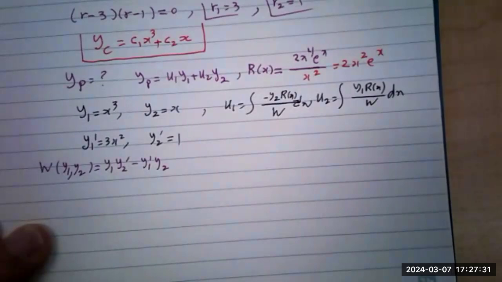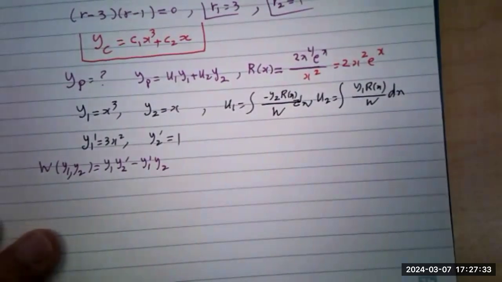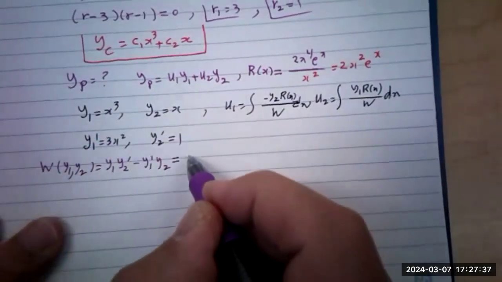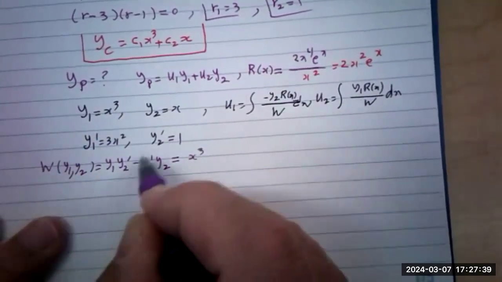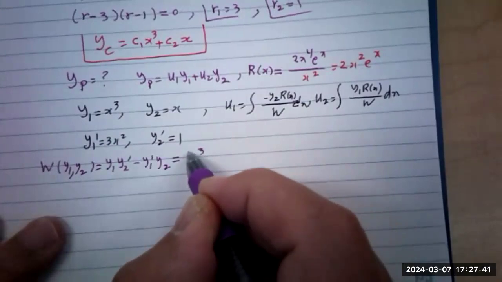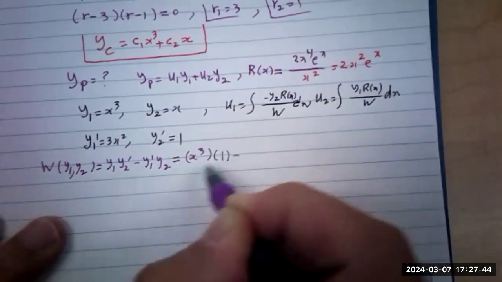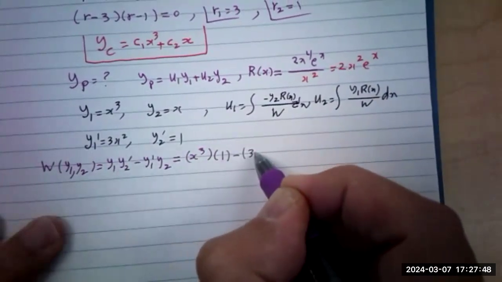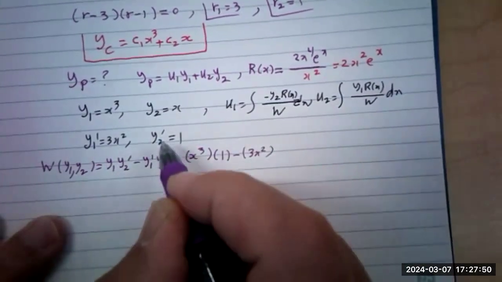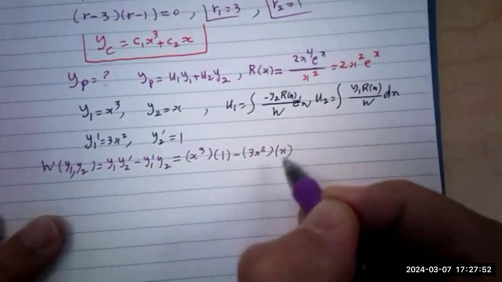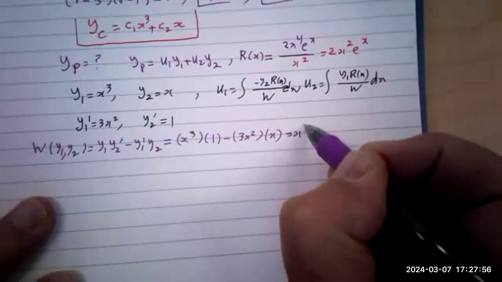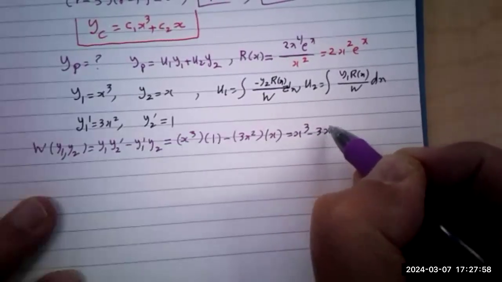Carefully substitute: y1 is x cubed, so that's going to be x cubed, y2 prime is 1. So it's x cubed times 1 minus y1 prime, which is 3x squared, times y2, which is x. So that gives you x cubed minus 3x cubed.